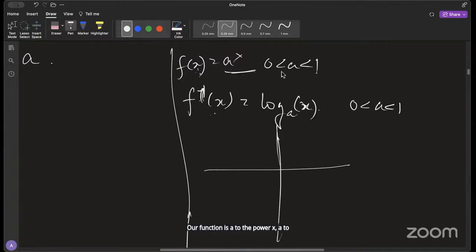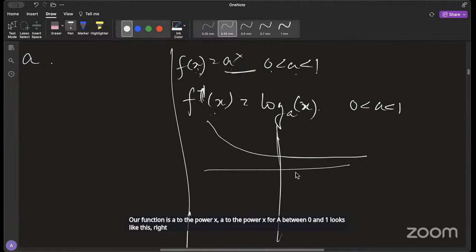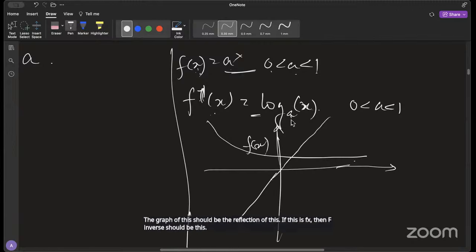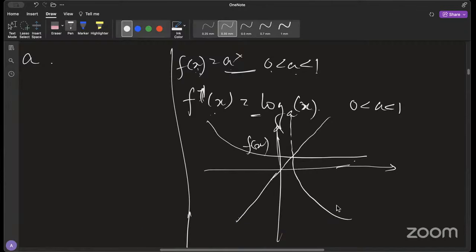A to the power x for a between 0 and 1 looks like this, right? It's a decreasing function. We did this in last class. And we know that the inverse of this function, the graph of this should be the reflection of this. If this is f(x), then f inverse should be this, right?